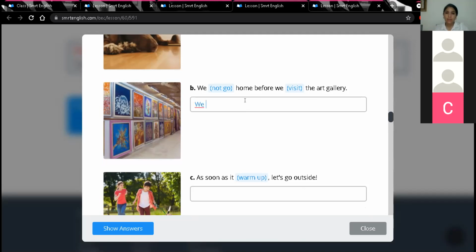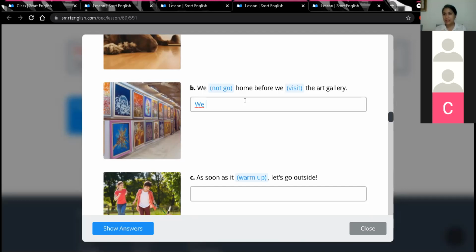We don't go home before... No, sorry, I'm going to say it again. We don't go home before we will visit the art gallery. No. Remember that sometimes, as in these examples with the time expressions, time expressions such as before, until, when, etc., are replacing if.